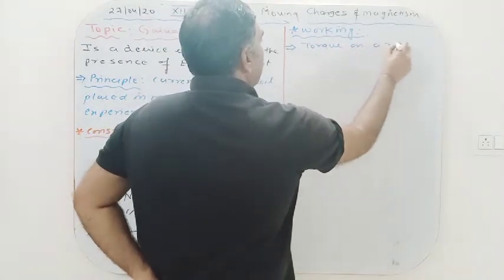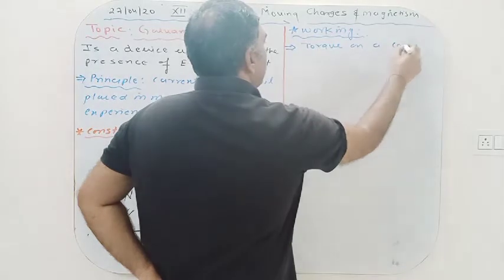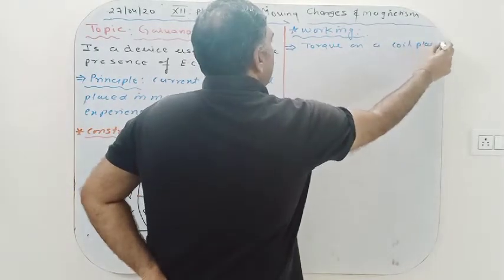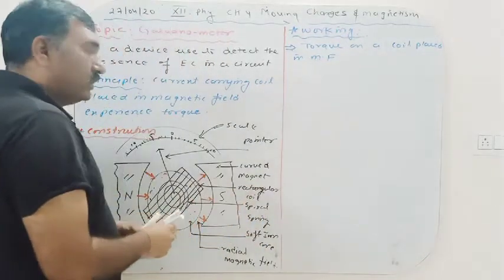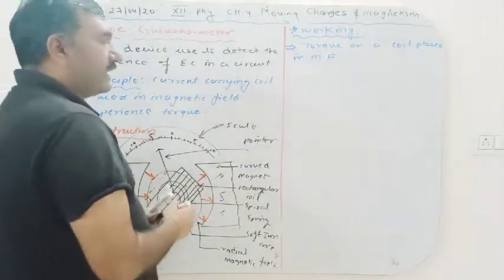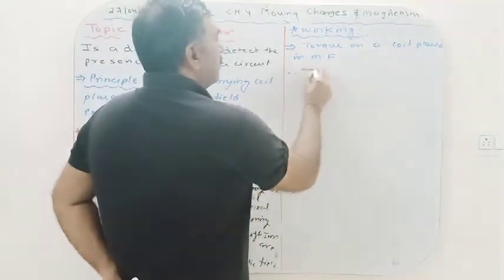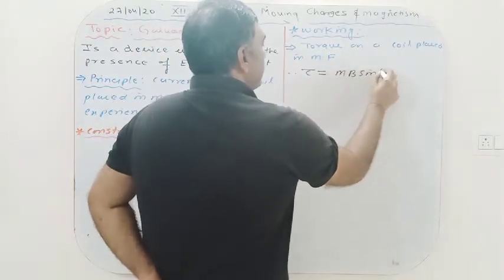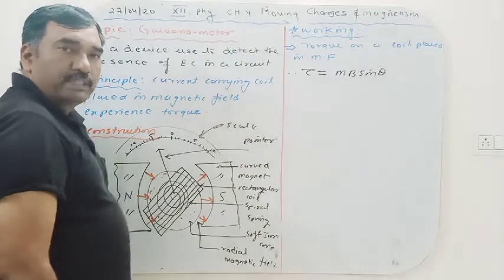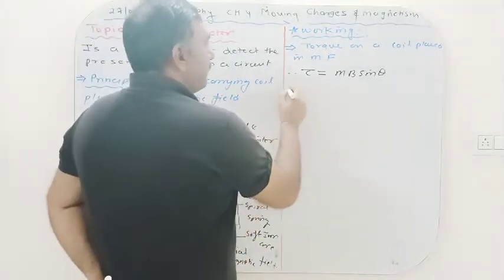Torque acting on a coil placed in a magnetic field: the formula is tau is equal to mB sin theta.